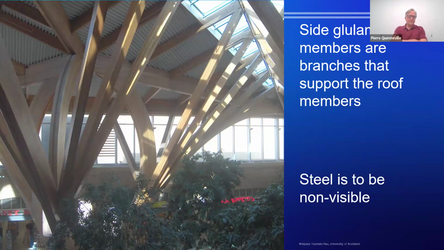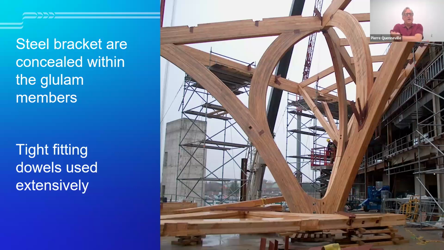One of the requirements was that the steel was to be non-visible, so a challenge, but a nice challenge for a timber engineer, really. The steel brackets are all concealed within the glulam members. Tight-fitting dowels were used extensively.